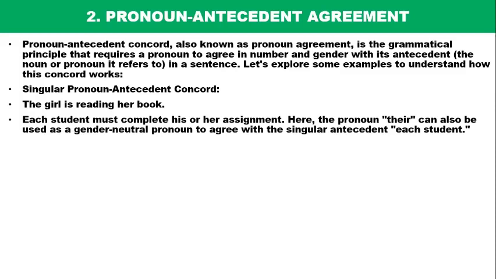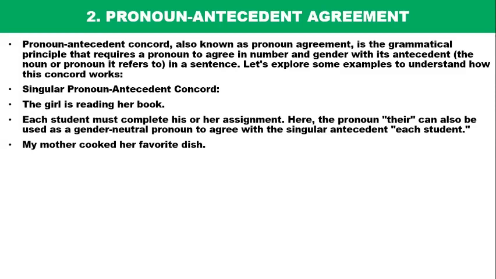It is called a gender neutral pronoun. When you use their, of course, each student could refer to a boy or a girl. Because it's not referring to a particular gender, male or female, then you can use a gender neutral pronoun. That's something that is increasingly prevailing in modern linguistics, okay?